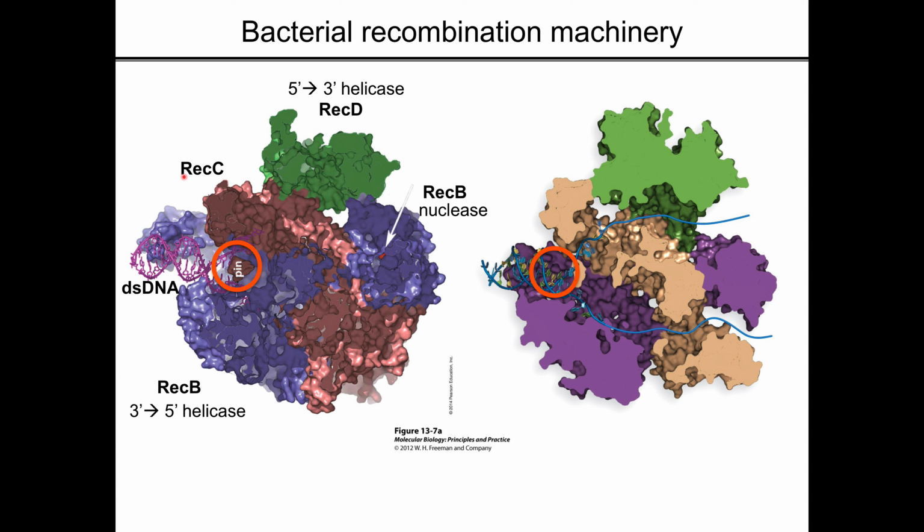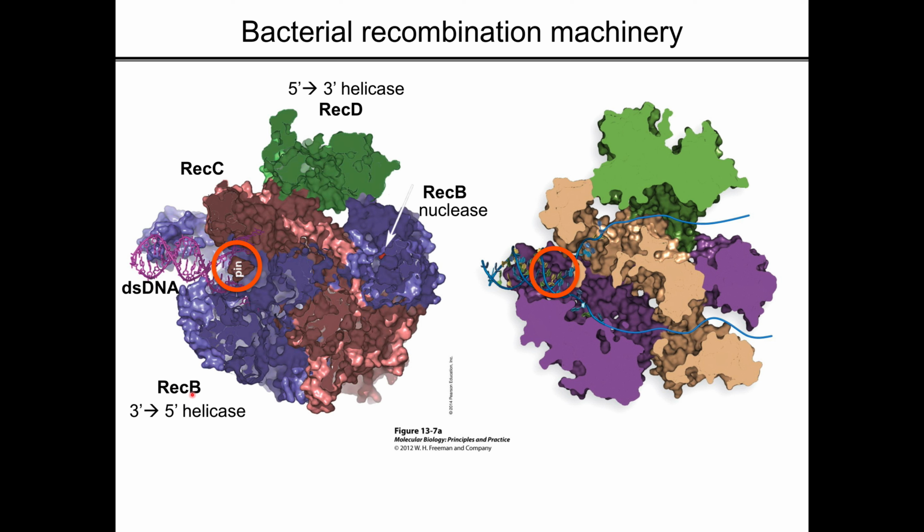RecC, shown here in pink, is in the middle, and it contains a pin domain, a protuberance that physically breaks the hydrogen bonds in the Watson-Crick base pairs. RecD has 5' to 3' helicase activity, while RecB has 3' to 5' helicase activity.